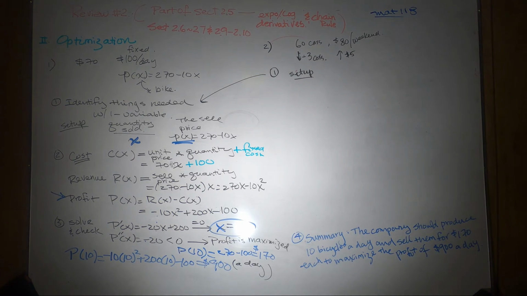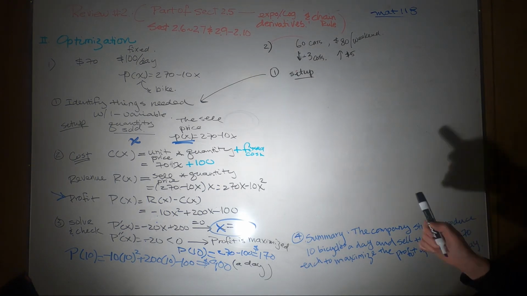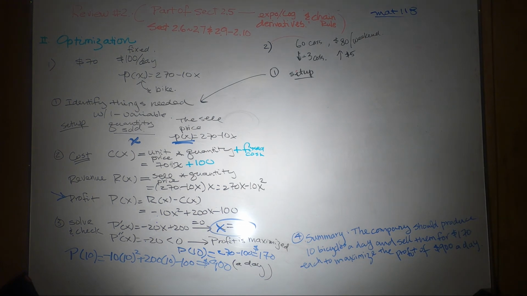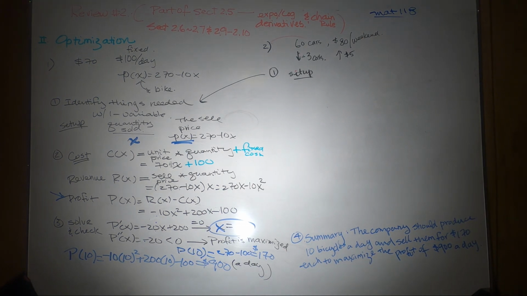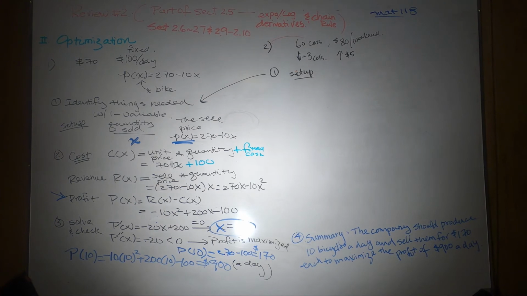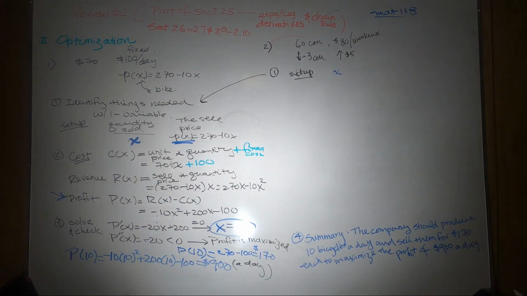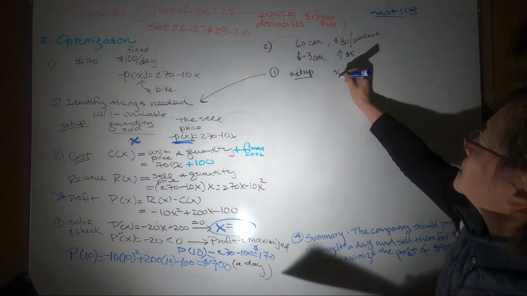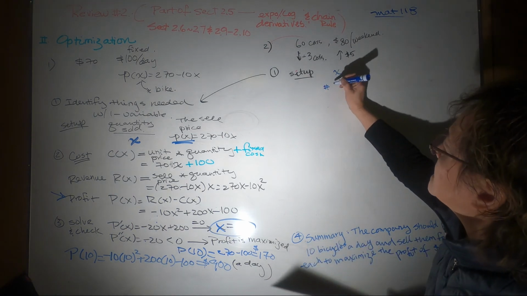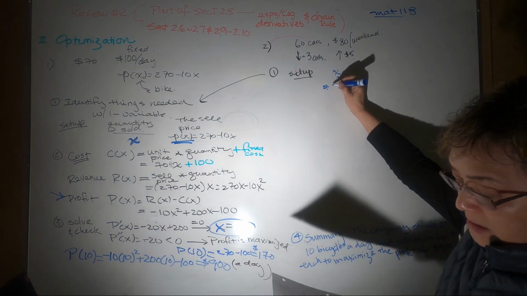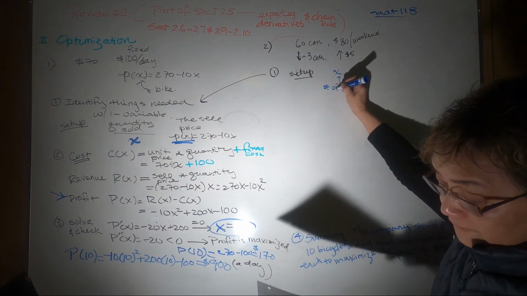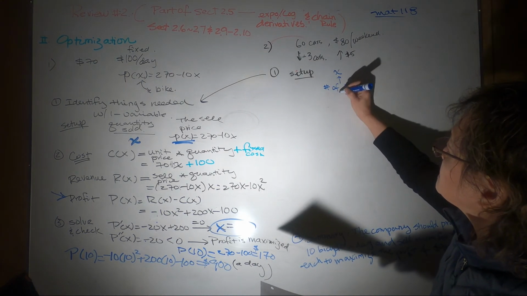So we want to figure out what? Your X first. That would be your problem. Okay? So you have to think about it. What's your X? For this case, we set up X as the number of $5 increase.